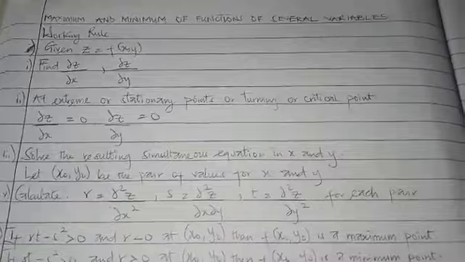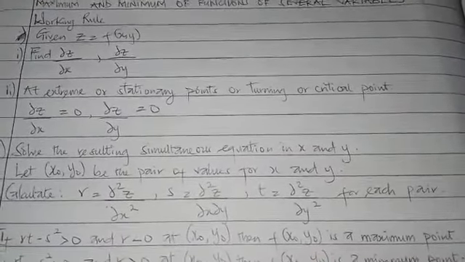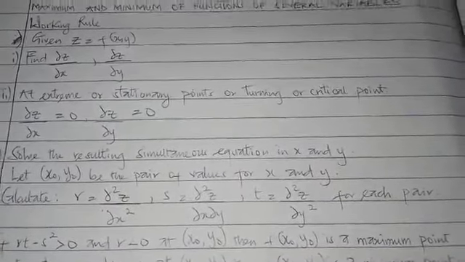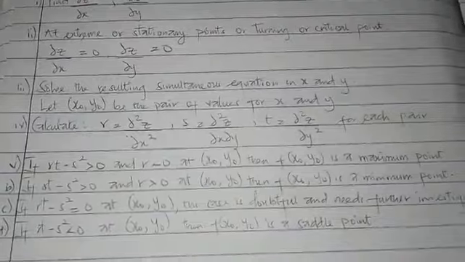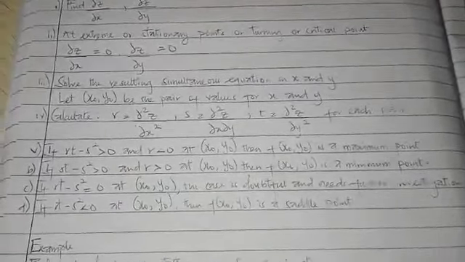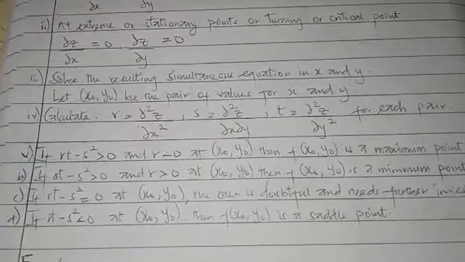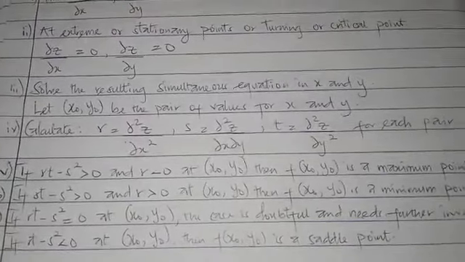They could say find the stationary point or the extreme point or the turning or the critical points. So at these points, partial z over partial x is equal to 0, partial z over partial y is equal to 0. Now solve the resulting simultaneous equations in x and y. Let x naught comma y naught be the pair of values for x and y.